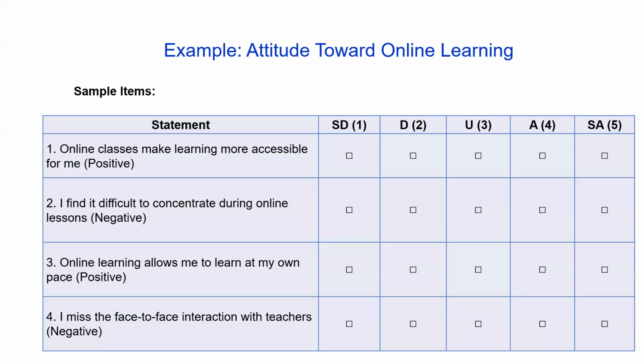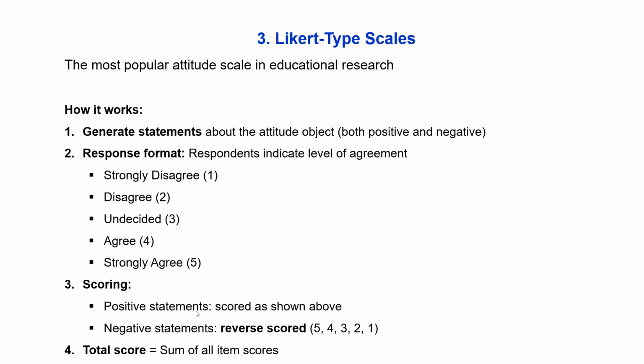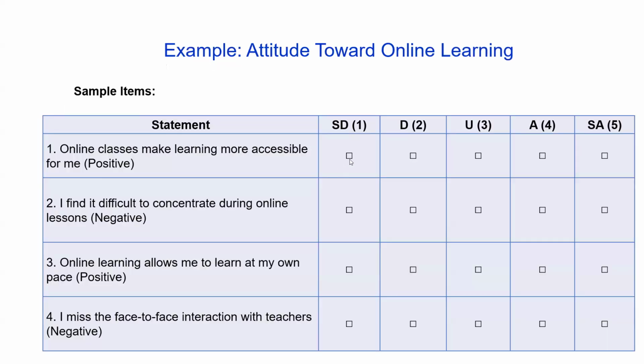If you mark the fifth one, that means you strongly agree with the positive statement. That's why, for positive statements, scores are given as follows, we have to give marks for that.